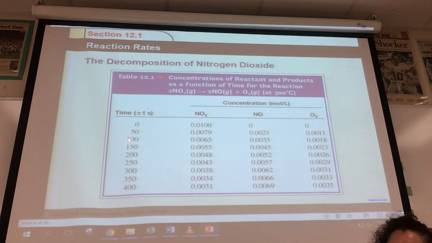If you were asked for the rate over a time interval, for example between 50 and 100, you would do this minus this over 50, but you would multiply it by -1/2. Same thing here. This would be 1/2 times this minus this over 50. So it'll be obvious to you.